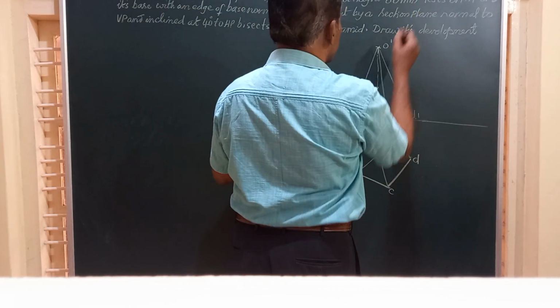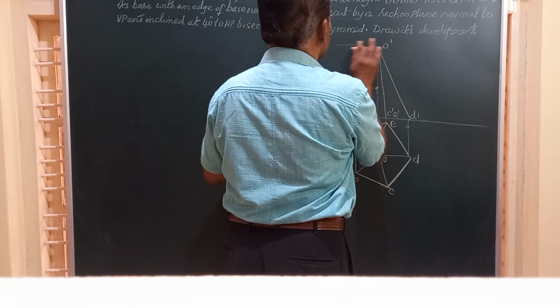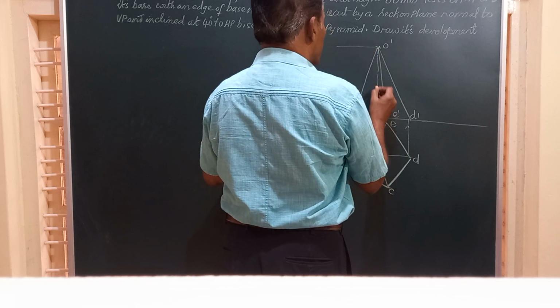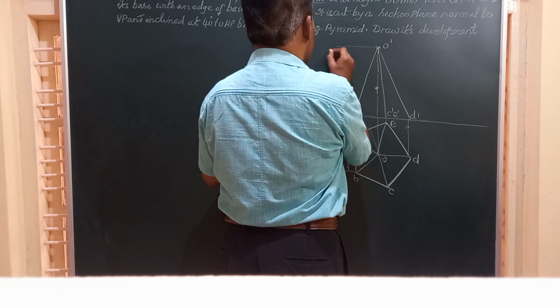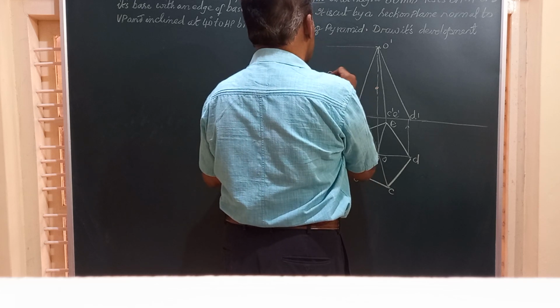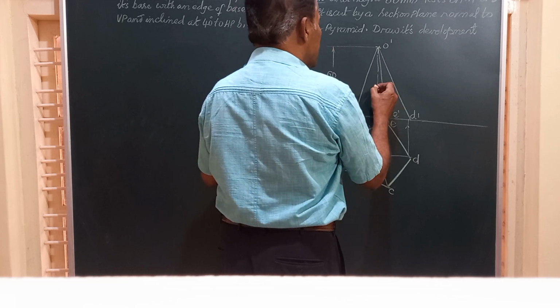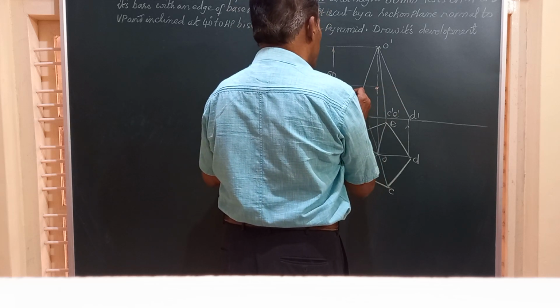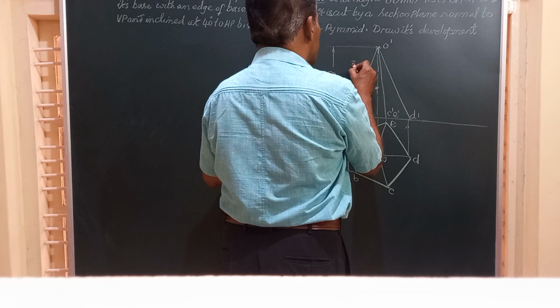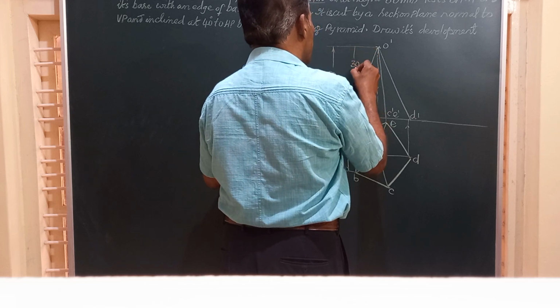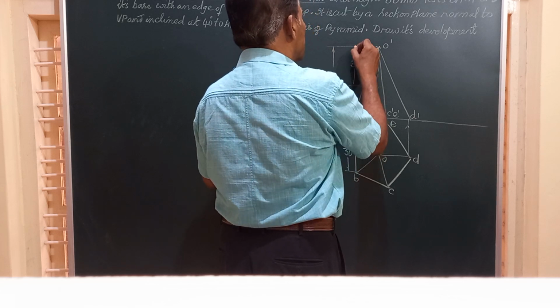So we have to draw the section plane SS passing through the midpoint of the axis. Say the total height is 60 and we can just take 30 mm from the base and we can show this height. This is 60 millimeter and the midpoint is at a height of 30 mm from the base. So you can take from the top or from the base, from the vertex or this. So it's one and the same.